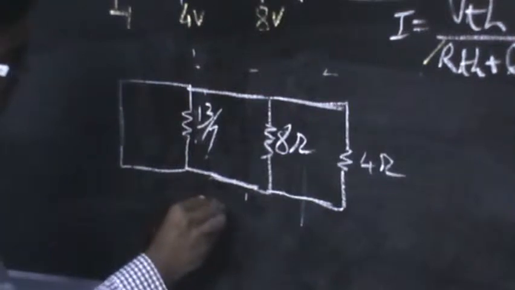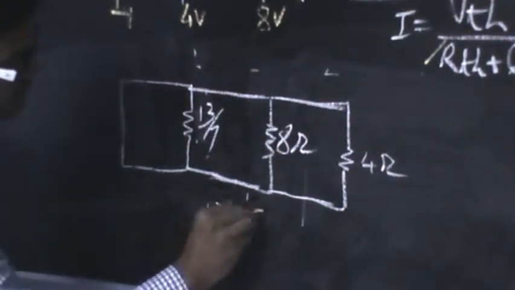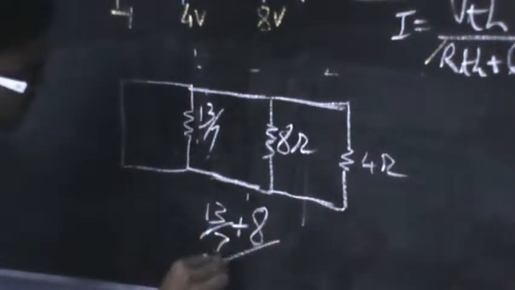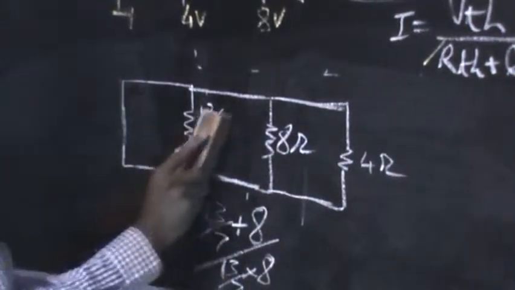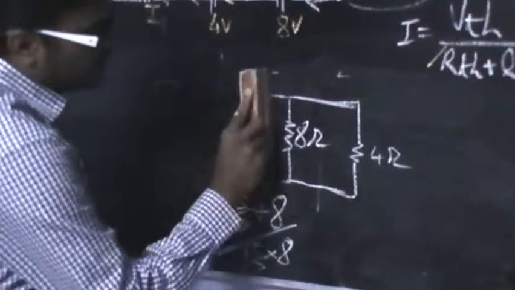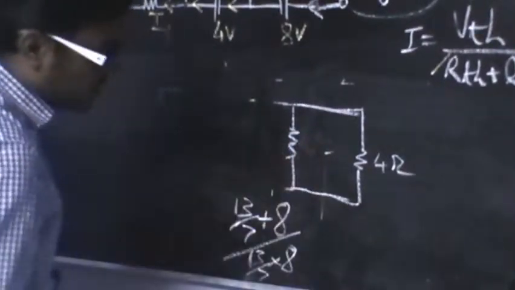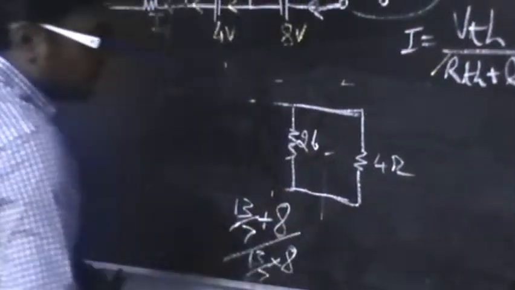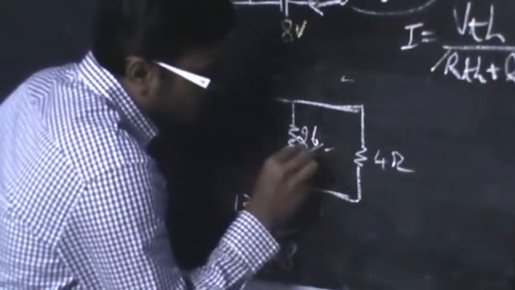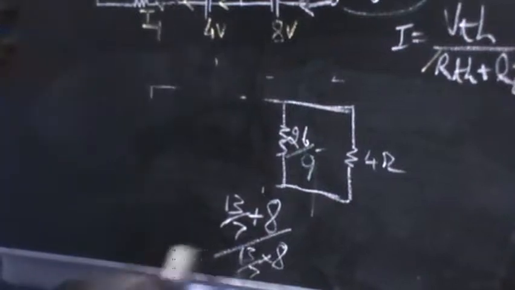And finally this resistor is parallel with this. So 13 by 7 into 8 by 13 by 7 plus 8. Let me take this as an example so that I'll be getting only this resistor, and the final answer is 26 by 9.